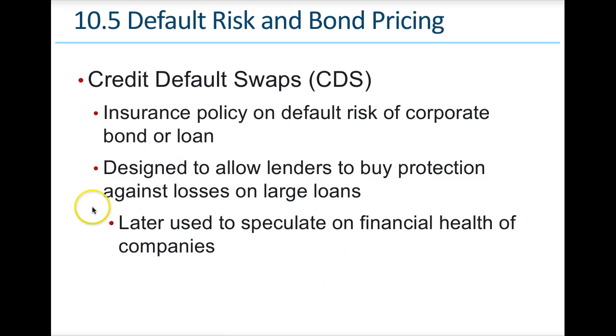Okay, so let's talk about credit default swaps. A credit default swap, sometimes known as just a CDS, is in effect an insurance policy on the default risk of a bond or a loan.